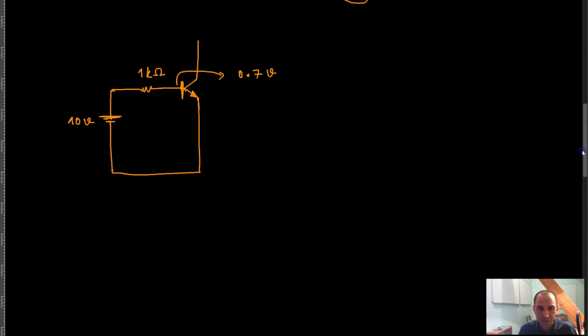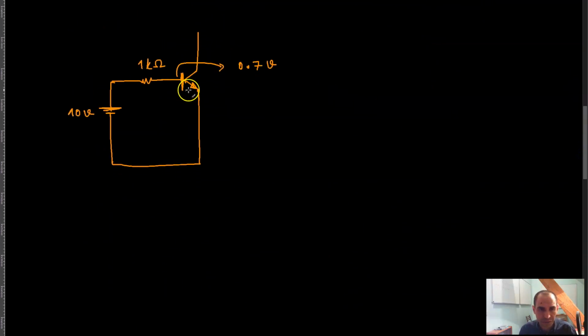Now if I do the same thing over here, I can say that there is a 0.7 volt voltage drop across the base emitter junction of the transistor, and so the voltage drop across the resistor is going to be 9.3 volts.